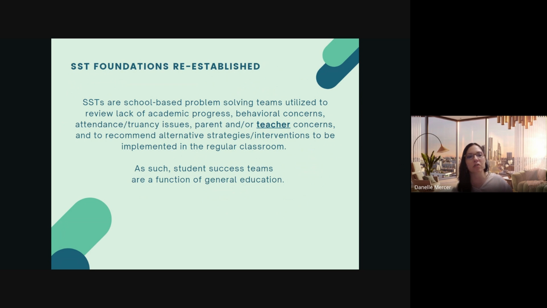The SSTs are school-based problem-solving teams utilized to review lack of academic progress, behavioral concerns, attendance, truancy issues, parent or teacher concerns, that's where you come in, and to recommend alternative strategies and interventions to be implemented in the regular classroom. As such, student success teams are a function of general education.